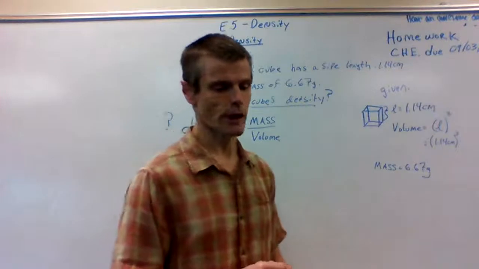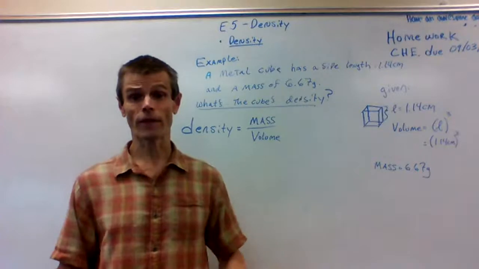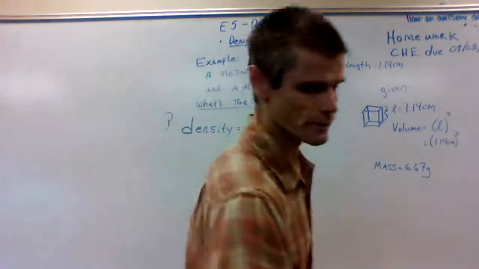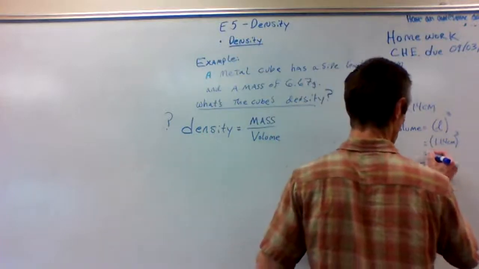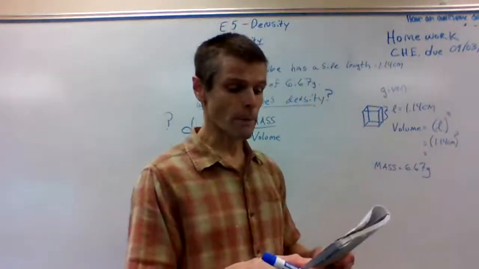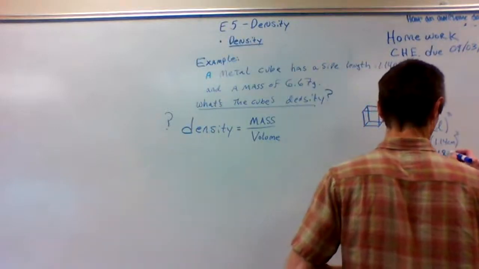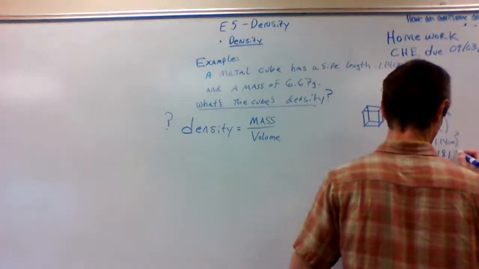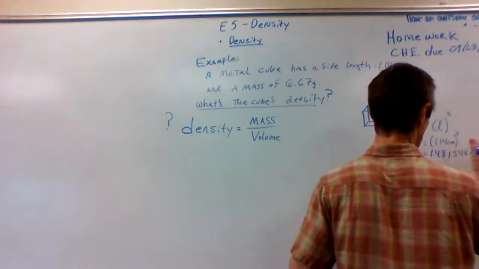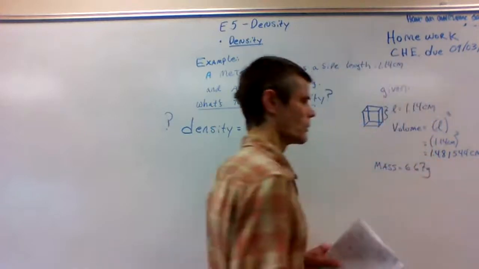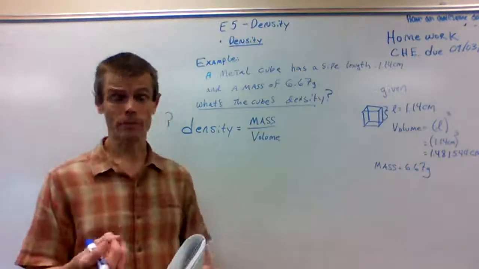If you put that into your calculator, we're going to treat this as an intermediate step. We're going to use all the data that our calculator gives us. If I put this into my calculator, we would get a volume of 1.481544, and the units centimeter are now cubed also: 1.481544 cubic centimeters.